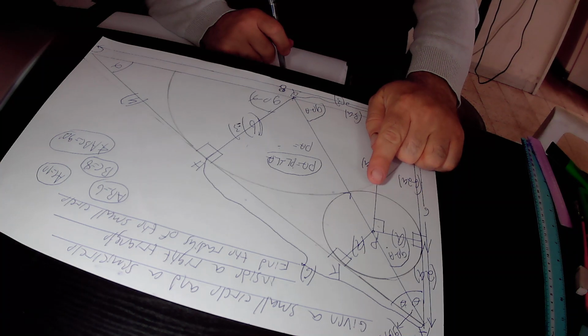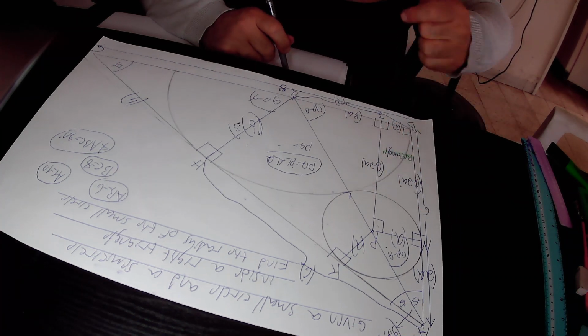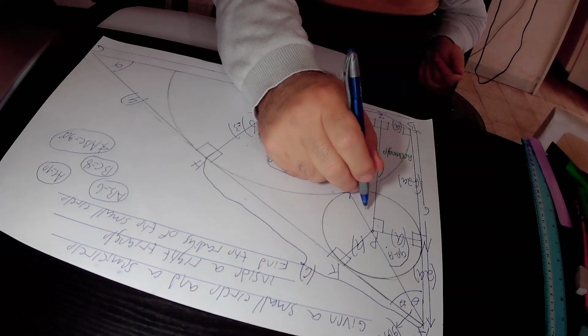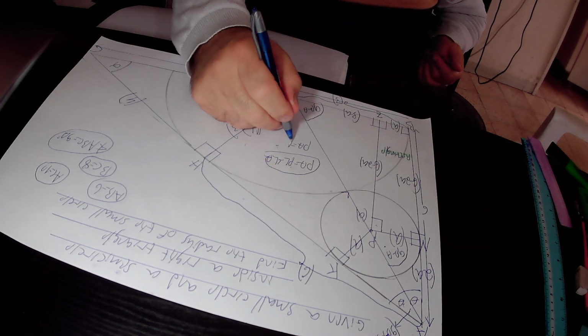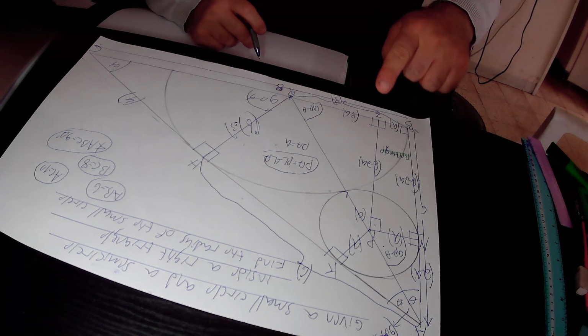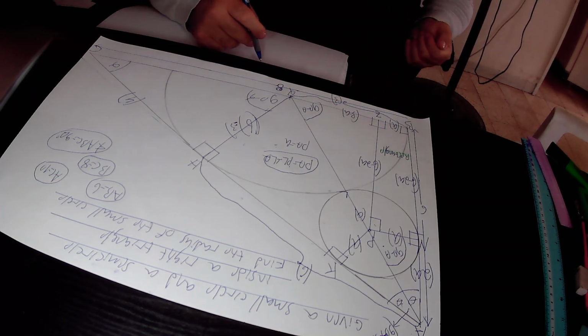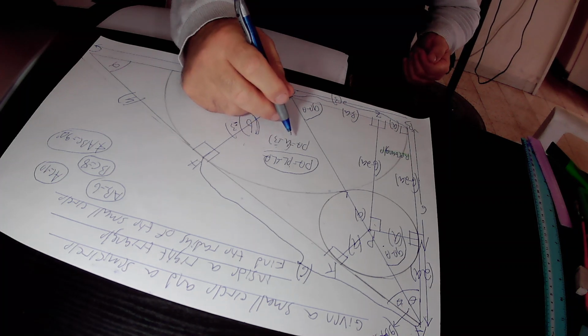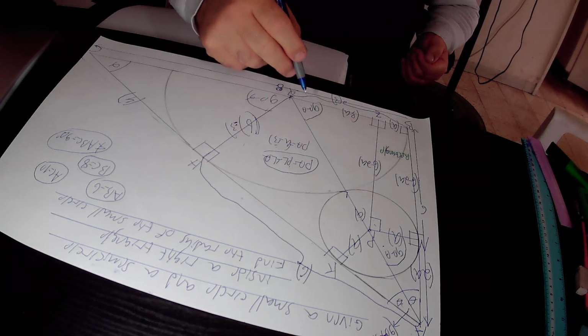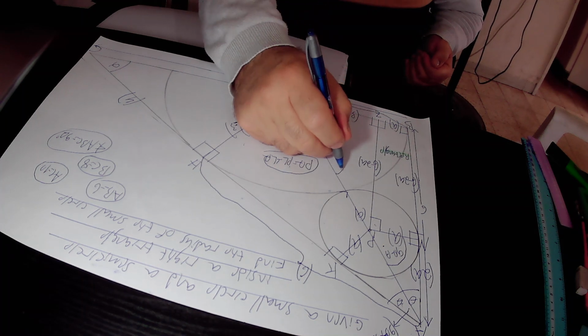PL is the radius of this small circle, that is the radius that we are looking for, and it is equal to A, plus LQ. LQ is the radius of this big semicircle, that is equal to 3. So in total, we found out that PQ equals A plus 3.